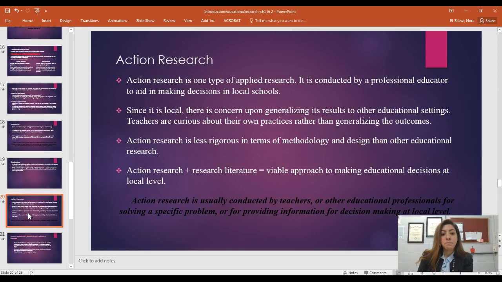Now, what you are going to learn in this course and in your final practicum class or the thesis class is action research. Action research is a kind of mix of applied and basic research with a literature review.